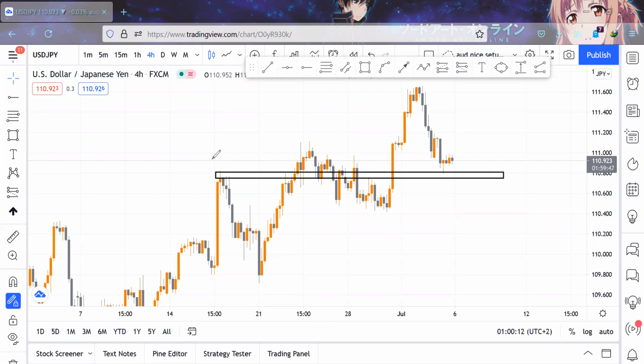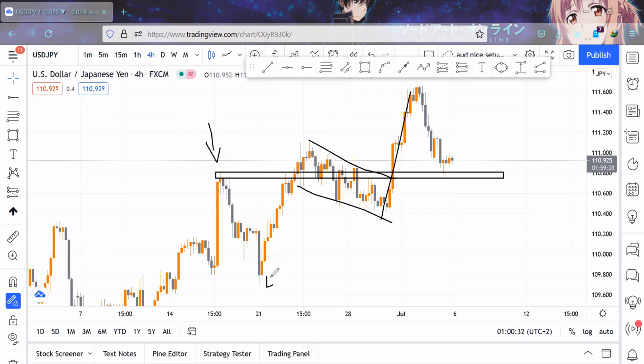Now we can identify that this is the previous high, right? And then we had the market form a falling wedge here before pushing and breaking this level here, right? And this is our previous low here, right?